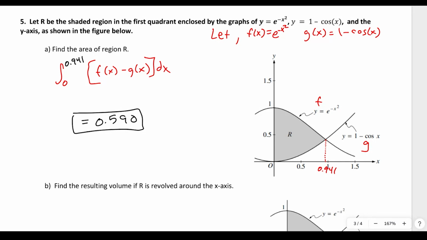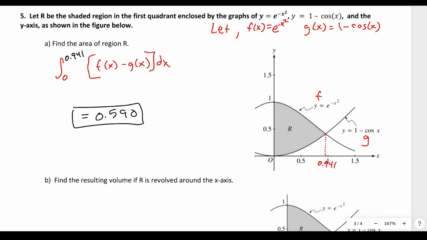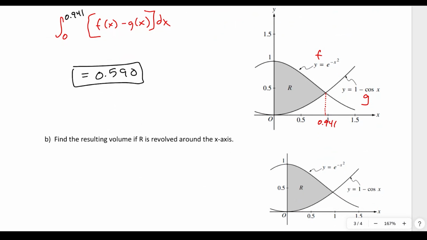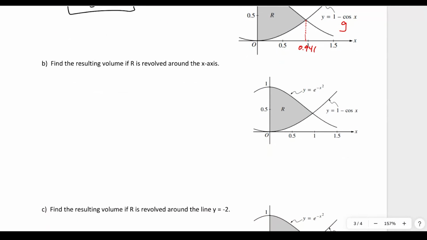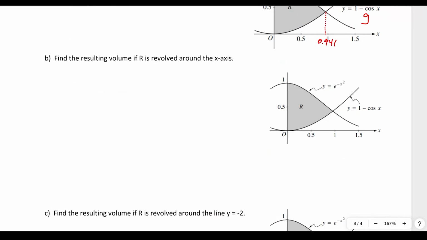Let's try to revolve it around the x-axis. Okay, so we're going to take that region and spin it around the x-axis. A little hard to sketch here.